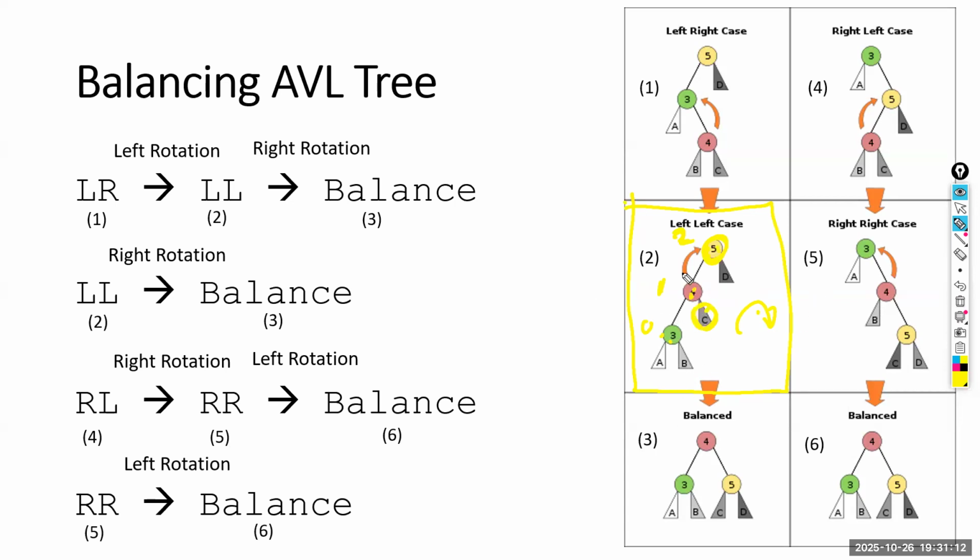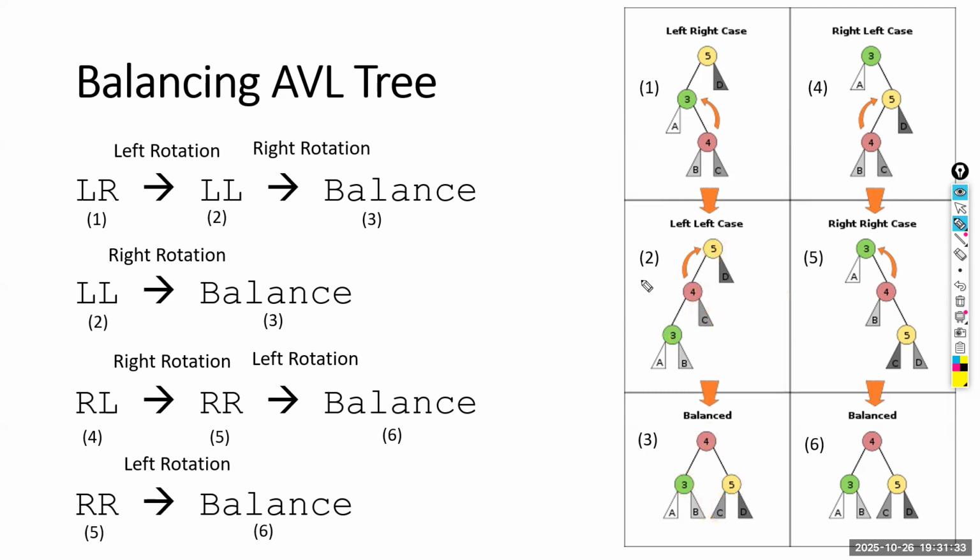So you can see that now 4 has come here. With 4, 3 has come. And 5 has gone down. Remember the right child of 4 is now left child of 5. You can see C here, and now C is here. So that is a must.